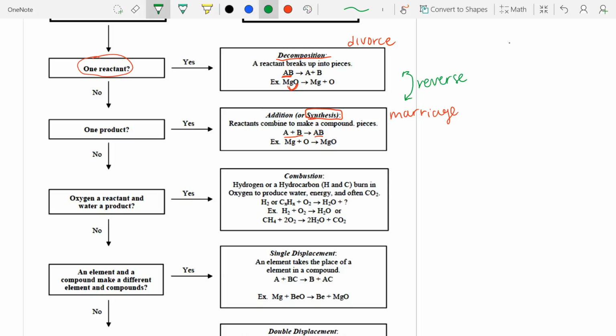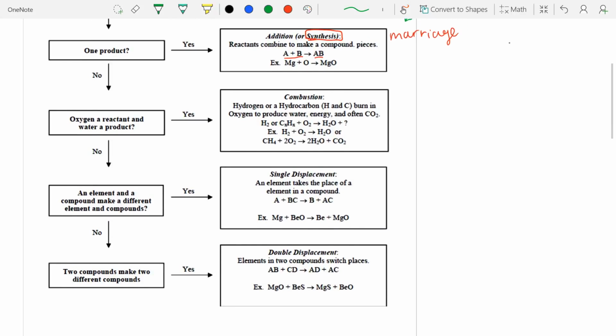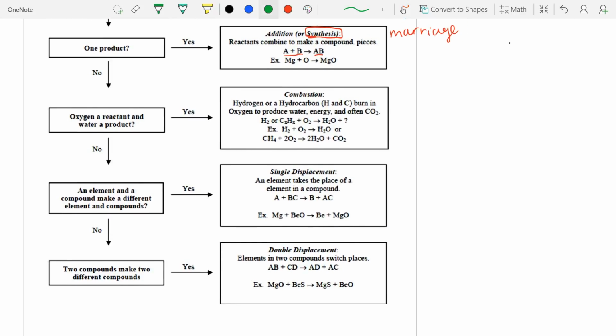And if you don't have just one reactant and one product, we need to think: is oxygen a reactant and water a product? If the answer is yes, you have combustion. And this is when things go boom. These are our favorite reactions because you add a little bit of spark and you will have a combustion reaction.